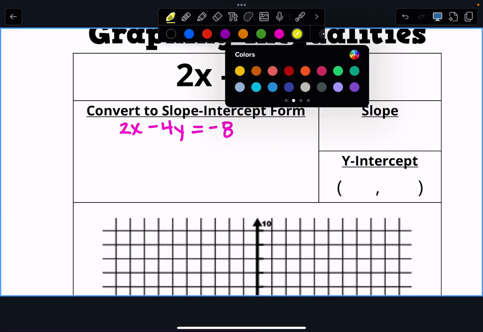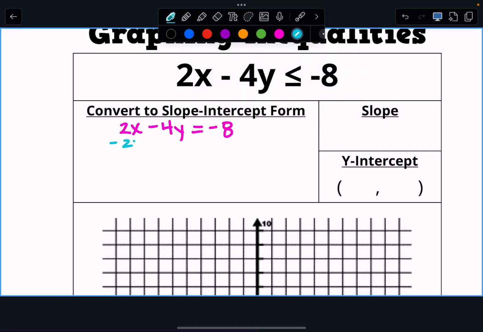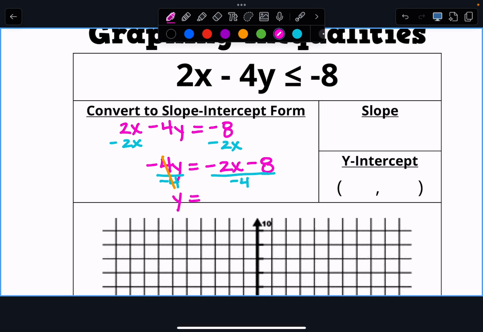Okay, we need to subtract 2x. Okay, so we have negative 4y equals negative 2x minus 8. Now what do we do? Okay, now we need to divide by negative 4. So that y equals, okay, let's think about this.